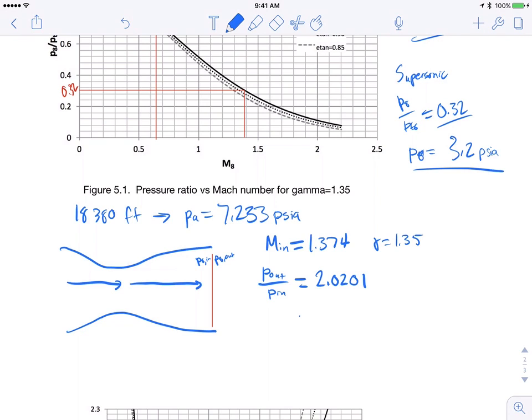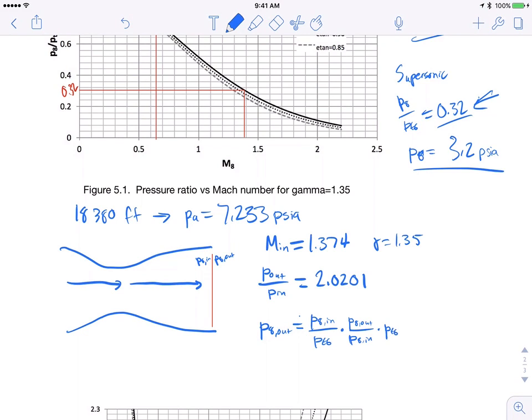And so if we want to actually calculate the real P8, we're interested in P8 out, which is going to be equal to P8 in over PT6, which is a relationship we already found up above for the supersonic case here, 0.32. And then we're going to multiply that by this static pressure ratio, P8 out over P8 in times PT6.